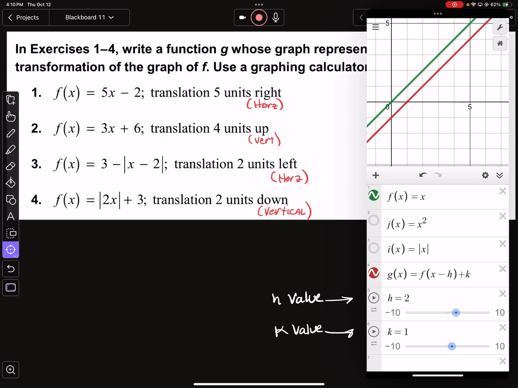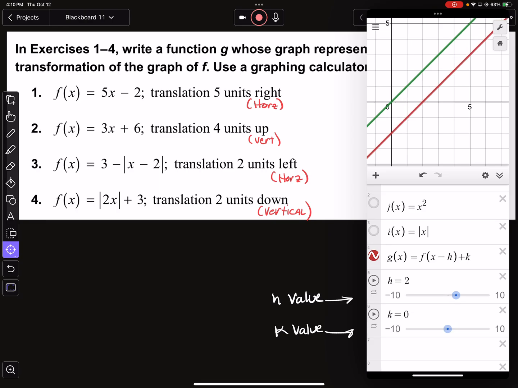And why isn't it shifting it right by 2? Oh, no. Oh, it's because my k value. I got a k value right there right now. I need my k value 0. There we go. I was doing 2 shifts at once. I only want to have an h value that's a 2. My k value is 0.